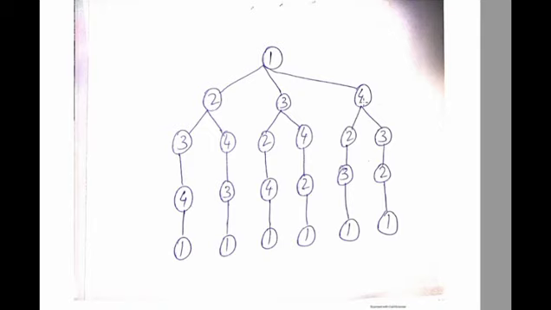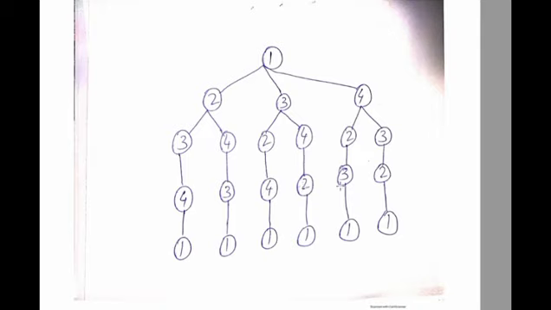Now if we take this, the leftover is 4. In this the leftover root is 3. Here the leftover root is 4. Here the leftover root is 2. Here the leftover root is 3, and here the leftover root is 2.